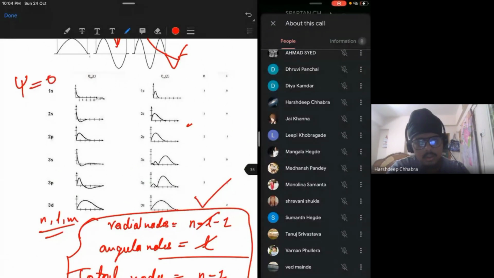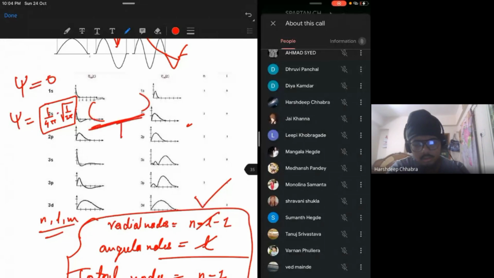That's it. Now the psi which we get actually has some constant here. We have seen 1 by 4 pi into root of 1 by 2 pi, something like this, into a polynomial. I just gave you the example of r square plus 2r plus 1.